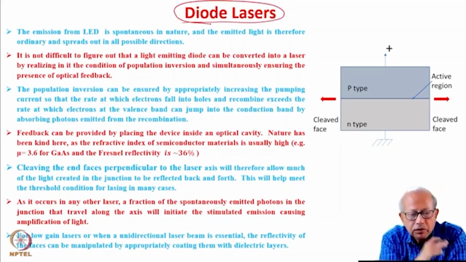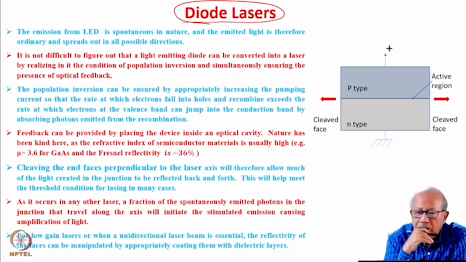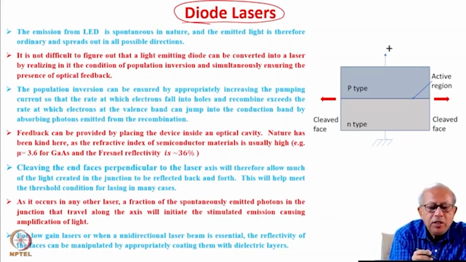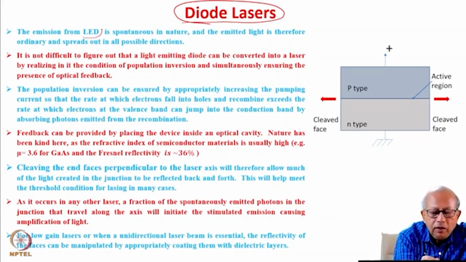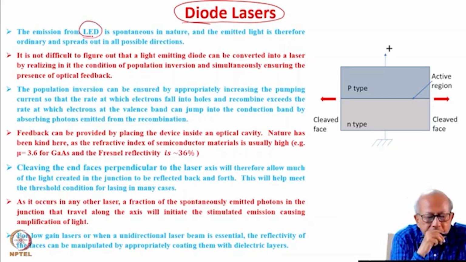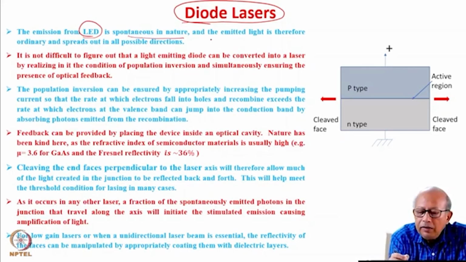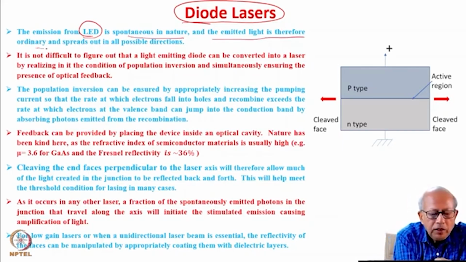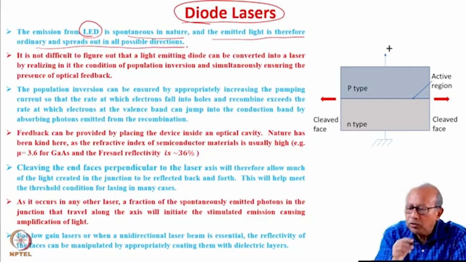So far we have just studied the diode as an emitter of light. There the light is emitted in every possible direction. The emission from an LED, light emitting diode, is spontaneous in nature, and the emitted light is therefore ordinary and spreads in all possible directions.